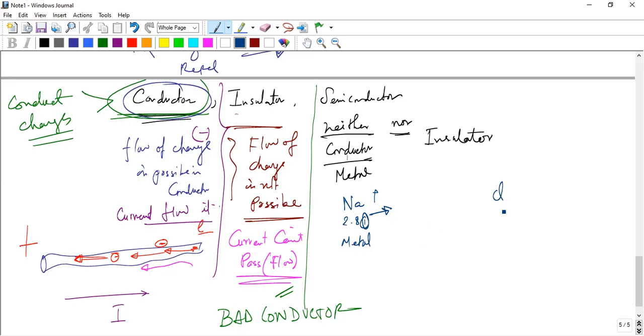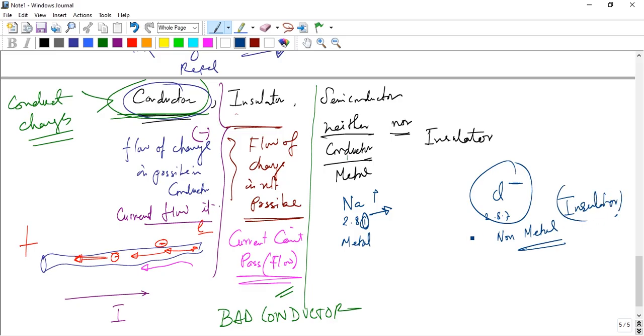And chlorine, 2,8,7, gains an electron; that is obviously a non-metal. Non-metals are treated as insulators. But in between is silicon, whose electronic configuration is 2,8,4, with the last shell having 4 electrons. It is a metalloid, or another good name, a semiconductor.